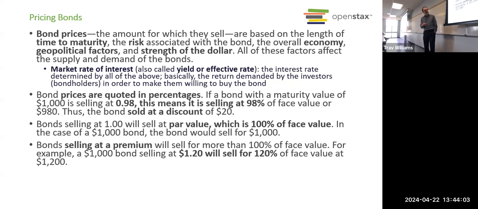So if it's 120%, that means you're paying 20% more than the face value of the bond, or $1.20 for every dollar of the face value. If a bond is being sold at par, that means you paid exactly the face value. Okay?